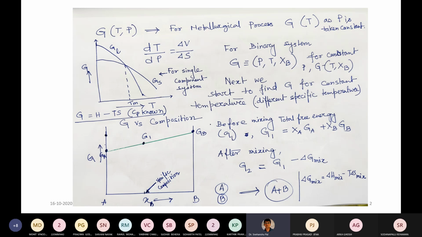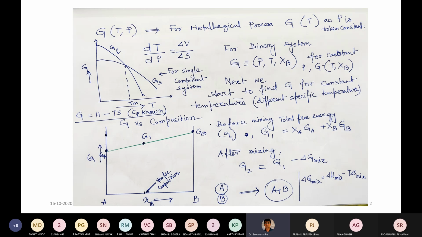For the single component system, Gibbs free energy is a function of temperature and pressure if it is in the gaseous phase. But for metallurgical cases, we already said that we are concerned with the liquid and solid states. So we can ignore pressure, or take pressure as constant, and on that basis, for metallurgical processes Gibbs free energy is a function of temperature.